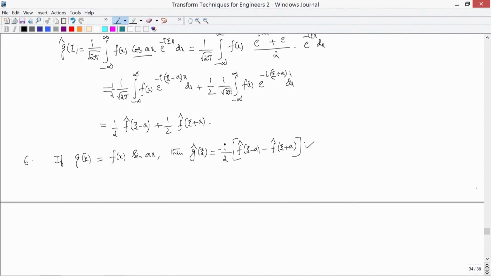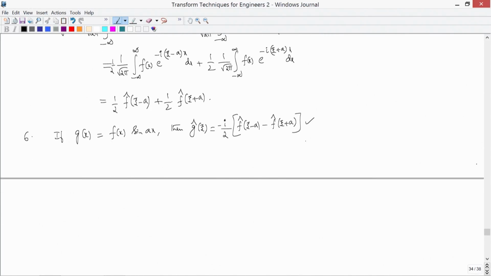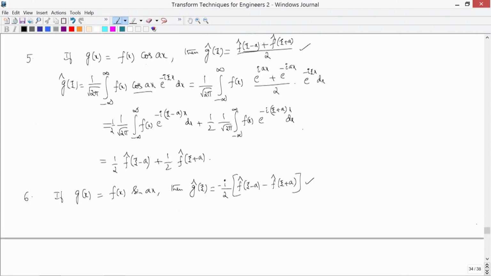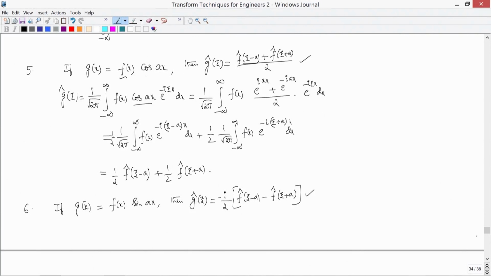But one question here: if f is a real valued function from R to R, then f cap is also from R to R. So here, if these are real valued functions, this is complex valued.